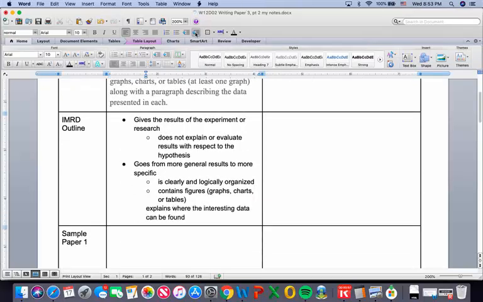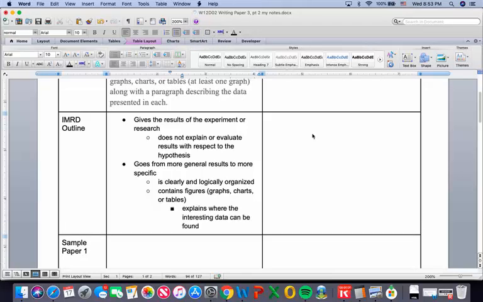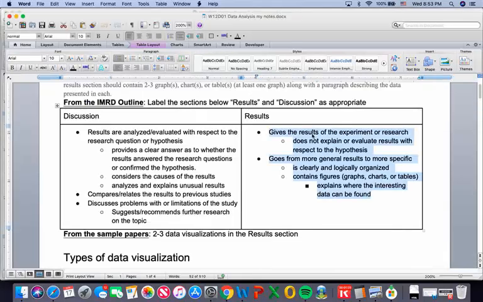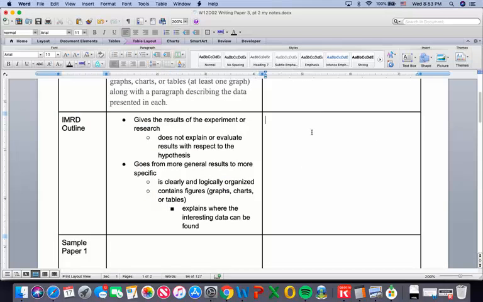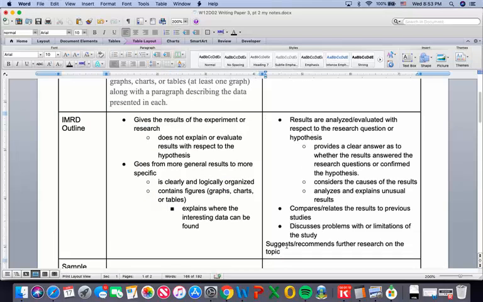I'm going to change some of this formatting so that it matches up with the rest of it. And let's go ahead and copy the description of the results. Sorry, of the discussion section. Right, here we go.